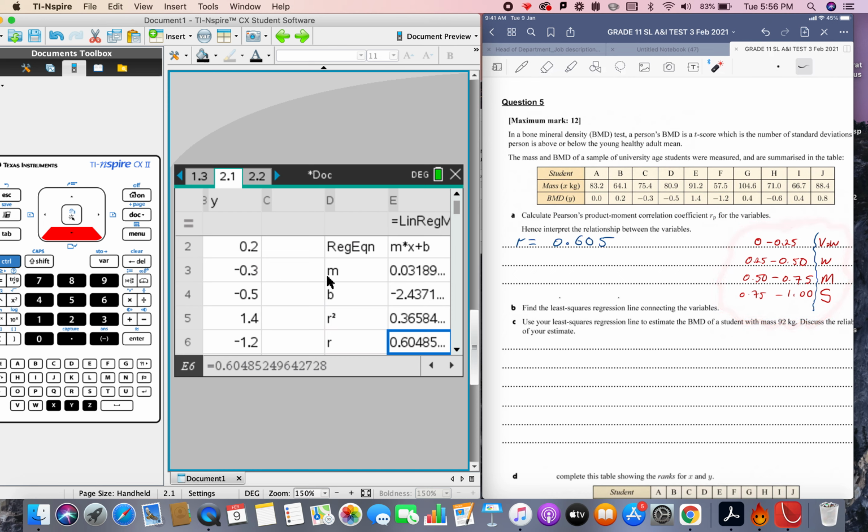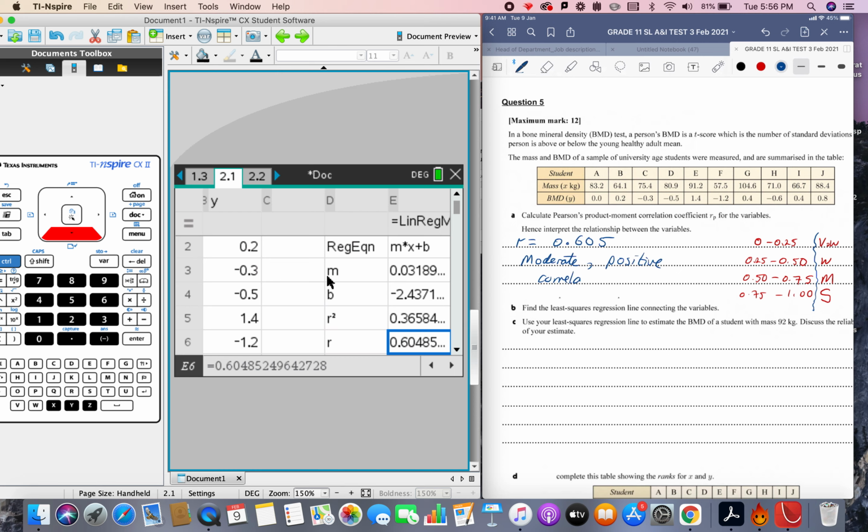So 0 to 0.25 is very weak, then weak, moderate, and strong. If you see 0.6, it's moderate. So we describe the strength, which is moderate, and the direction, which is positive. So moderate, positive correlation. That's all we need there.